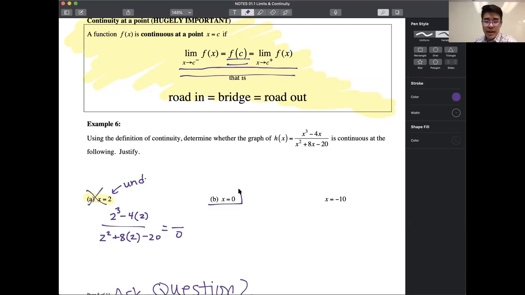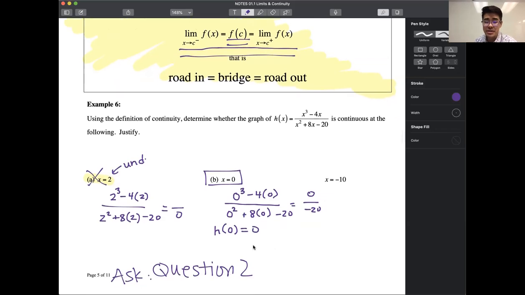But what about at x is equal to 0? Let's try that. So we get 0 cubed minus 4 times 0, over 0 squared plus 8 times 0 minus 20. Now we get 0 over -20. Well, 0 over something is just equal to 0, right? So we can say that h of 0 is equal to 0. So we know that the value of the function exists. So now let's see if the limit exists.